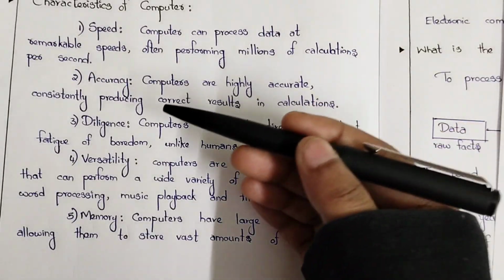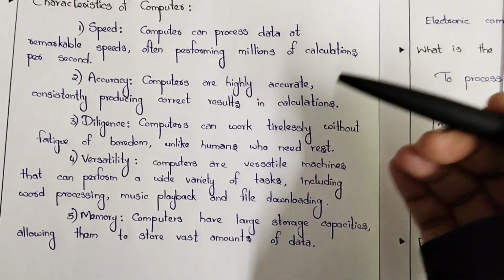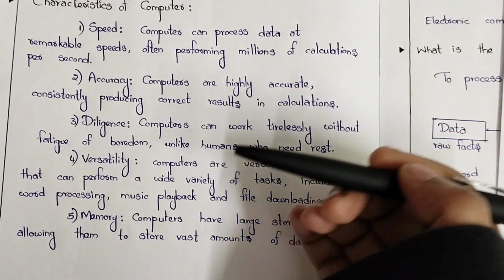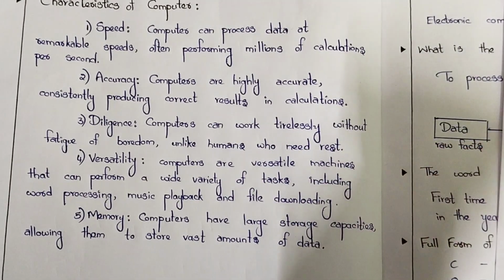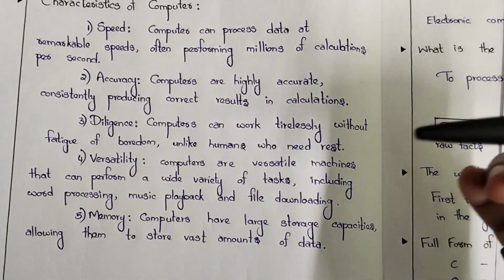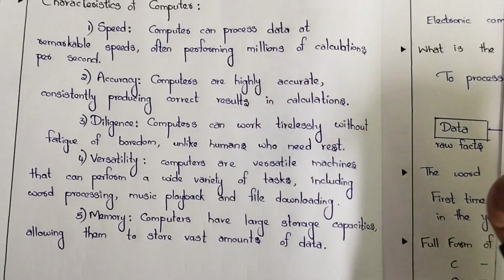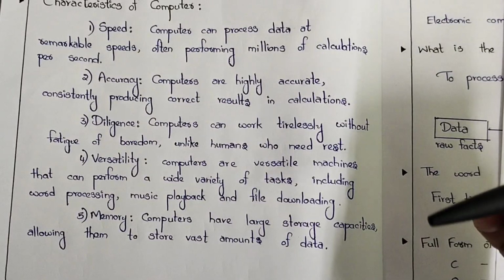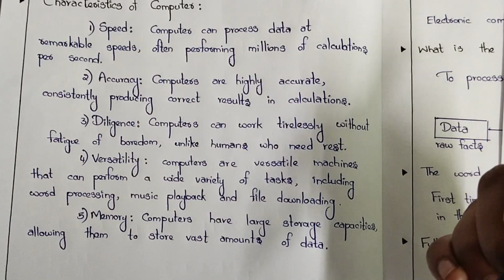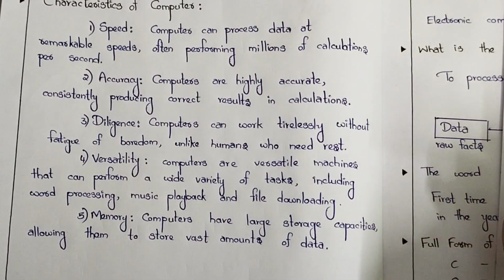The next one is accuracy. Computers are highly accurate, consistently producing correct results in calculations. It's true, right? If you give a computer a calculation, let's say you want to know what 5 plus 5 is, it will never answer you 2 or 3 or anything.